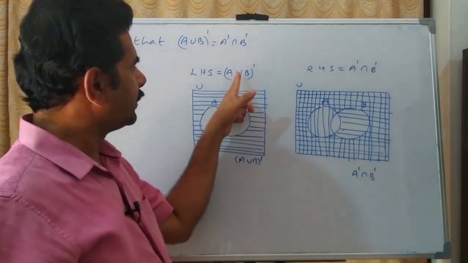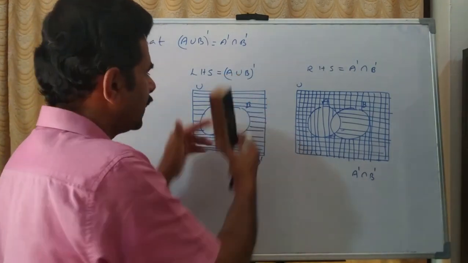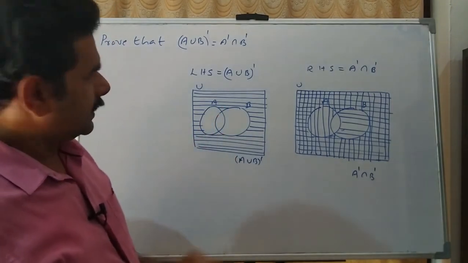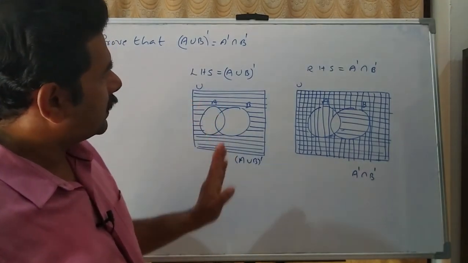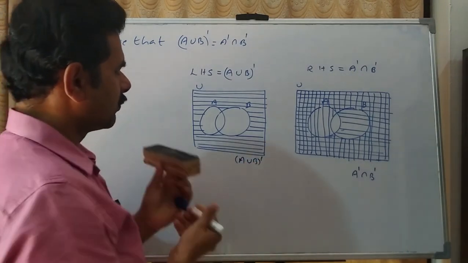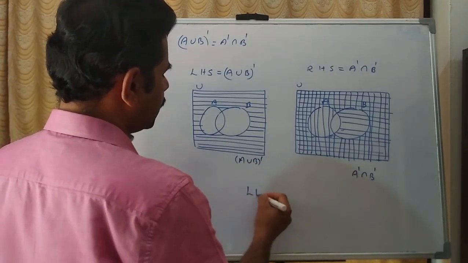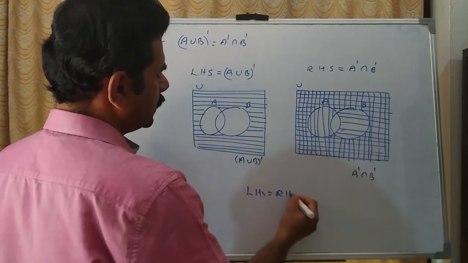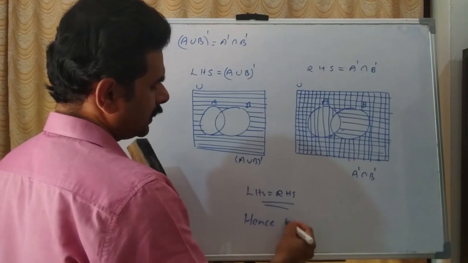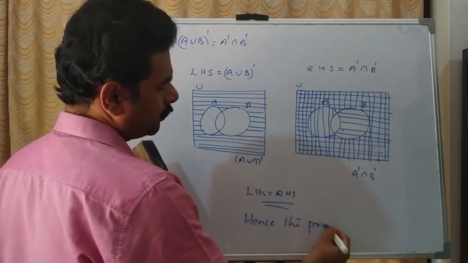Here A union B is a single one other than A union B. So at a glance it is very clear that both left hand and right hand sides are same. Therefore, left hand side equals right hand side. Hence the proof.